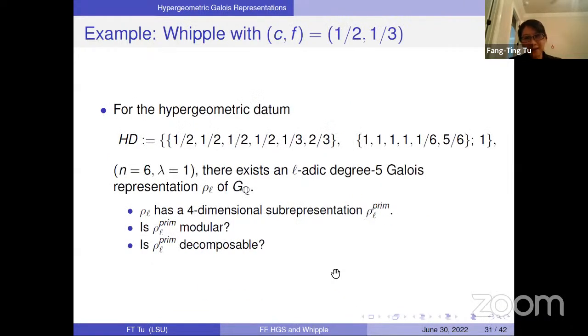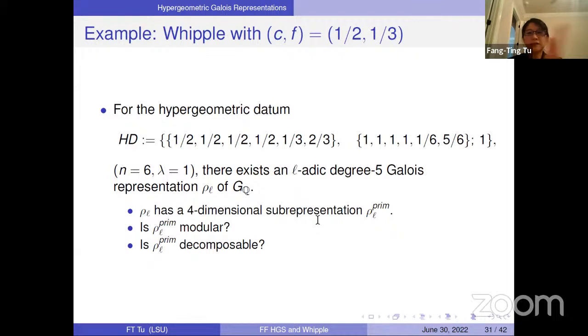So what's the left-hand side? The left-hand side is this hypergeometric data, which corresponds to the pair c, f equal to 1/2 and 1/3. So from KBCN's result, we know we have a degree 5 Galois representation, which can be lifted to GQ. And also this is self-dual, so we have a prime part whose dimension is 4.